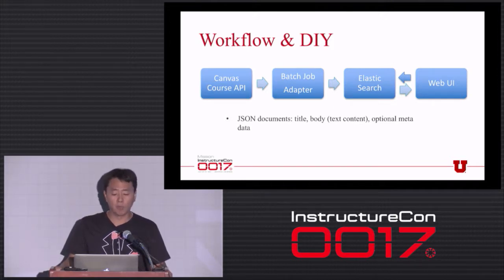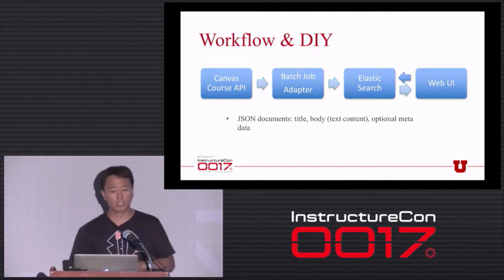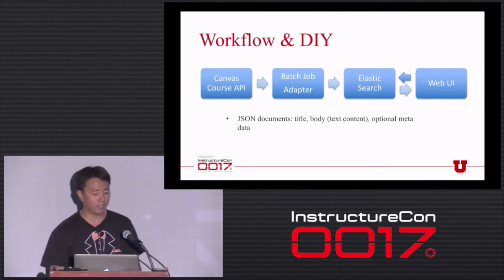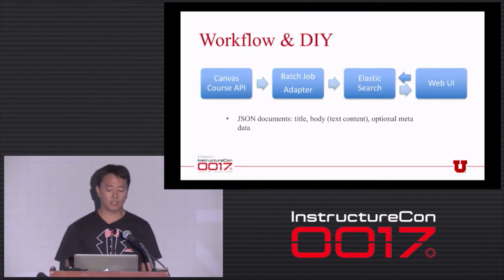For testing this experimental project, we picked a really content-rich course from one of our past semesters. We pulled most of the course content from that course via the API, transformed the data a little bit into a form Elasticsearch can understand, and then designed a really simple web interface to display search results.